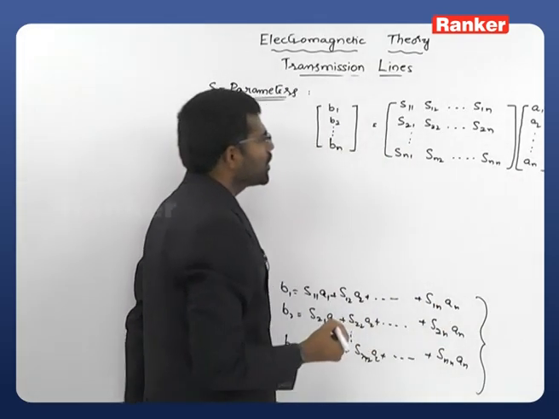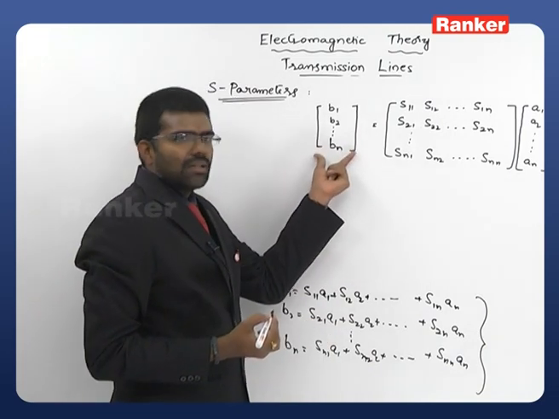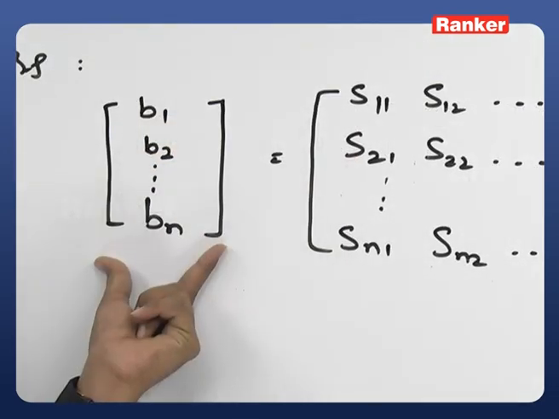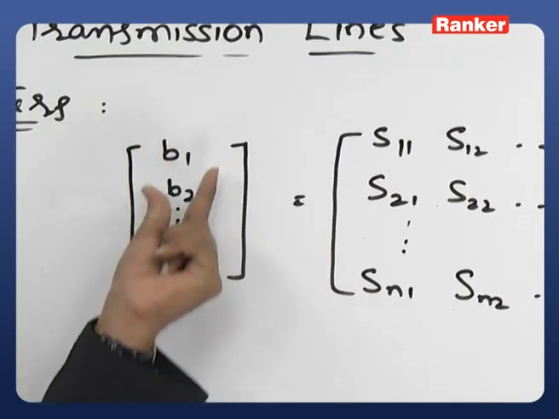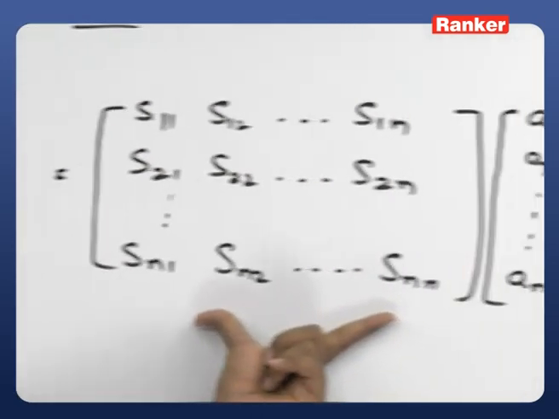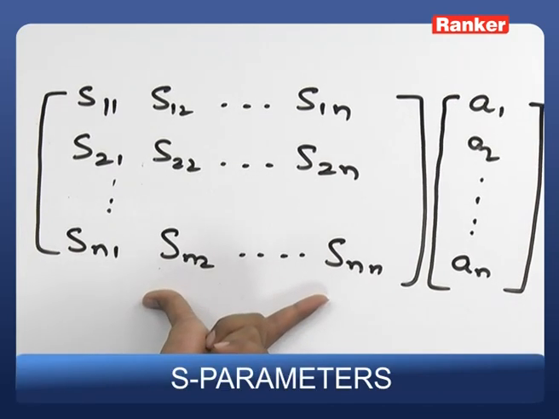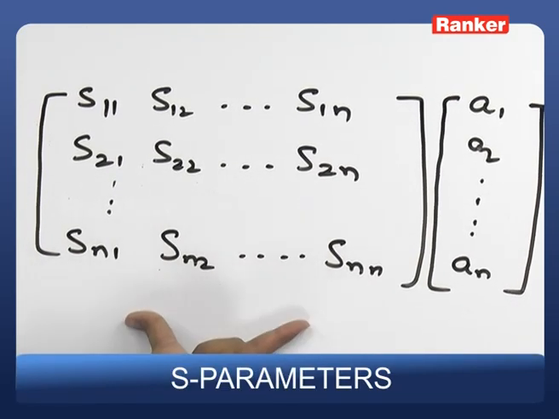Just observe this form: the output powers or the scattered powers or the reflected powers, whatever it may be, are represented as B1, B2 up to Bn, equals some matrix which holds the coefficients obtained from either reflection or transmission.